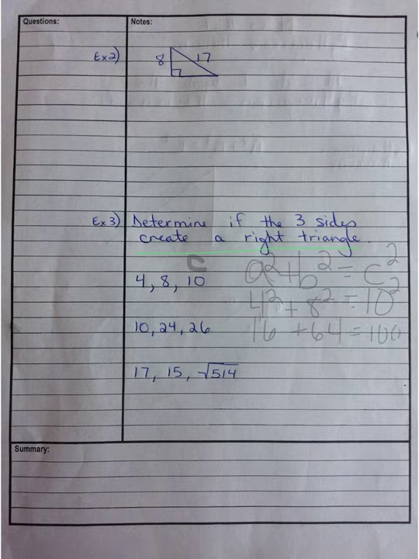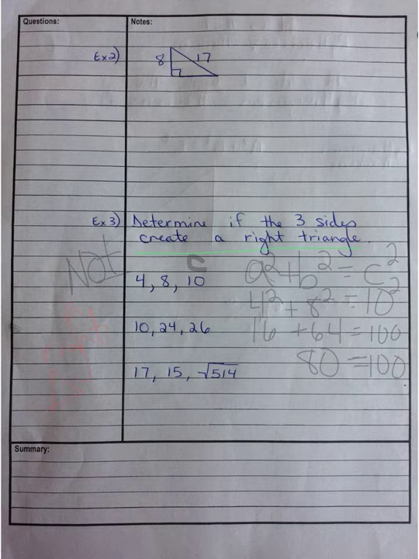Is that a true statement? Well, 16 plus 64 is 80. Does 80 give you 100? No. So this will not make a right triangle. It does not work. You cannot make a right triangle out of side lengths 4, 8, and 10.